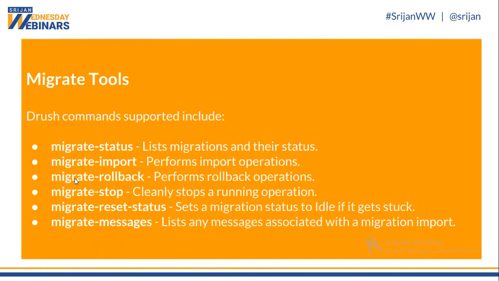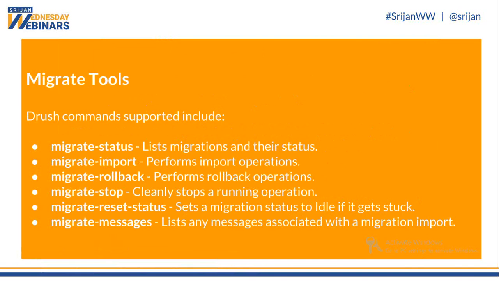Okay, all right. Sorry, we lost you there for a moment. You said the command is? The command is drush migrate-rollback. And if you want to roll back all of your migrations, then you can use drush migrate-rollback --all.